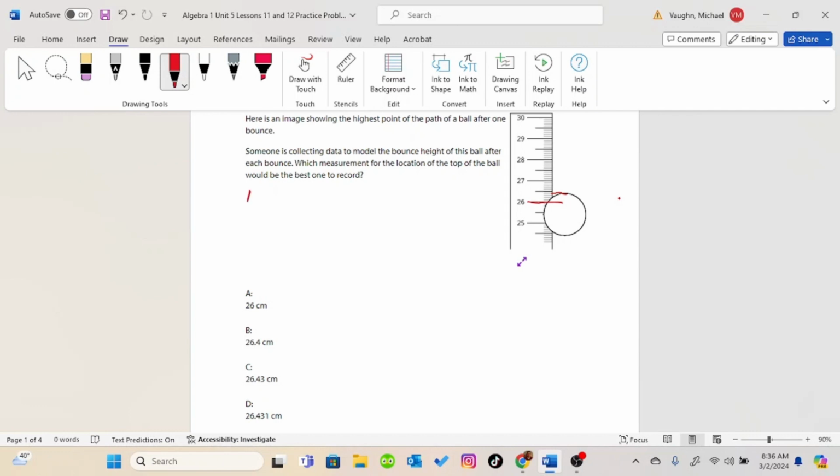So what we want to do is measure to the most accurate marker and not estimate beyond the markings.